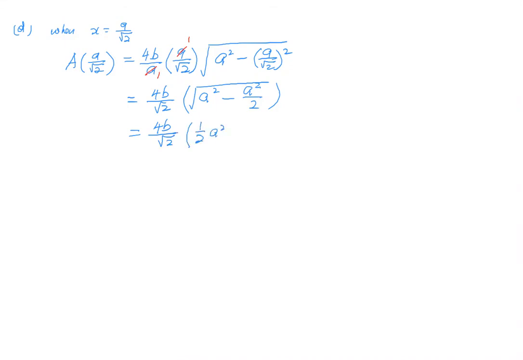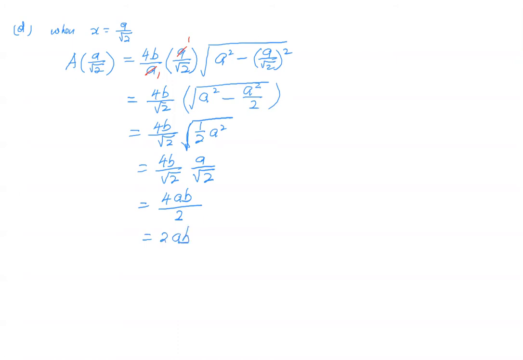The whole thing square root, okay? So this will be 4b over root 2 times a over root 2, correct? So this will be 4ab divided by root 2 times root 2, which is 2. So this will be 2ab.